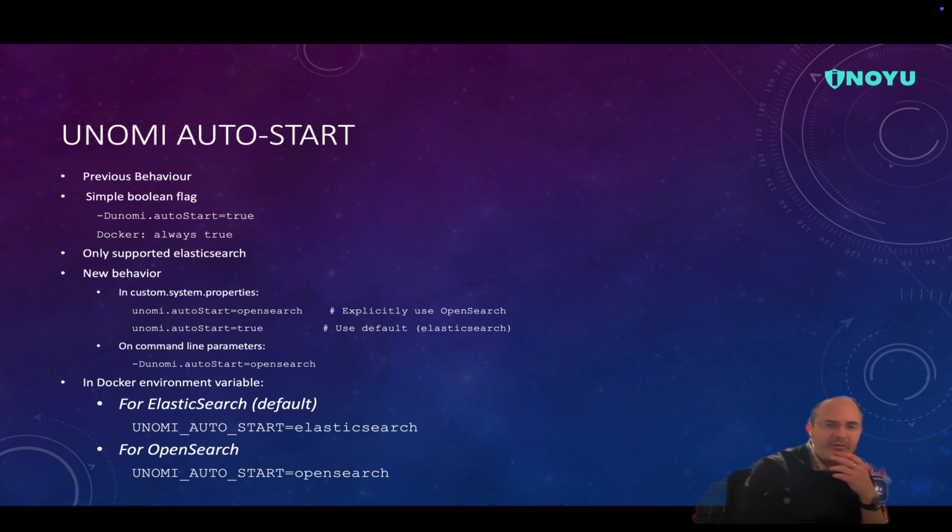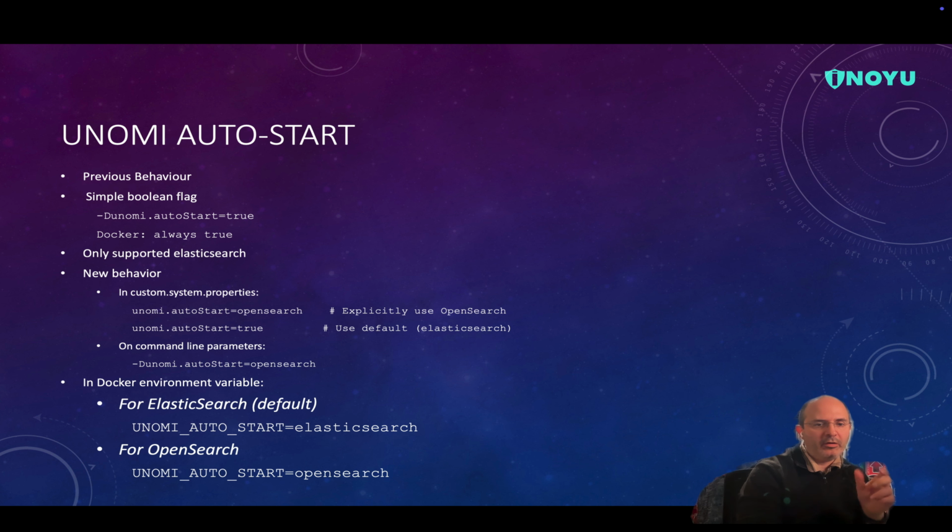For the auto start, I've already demonstrated this feature, but basically you can tell Unomi to auto start immediately when you start the container. We used to only have auto start true, and that's it. Now this has changed to auto start OpenSearch or auto start Elasticsearch.